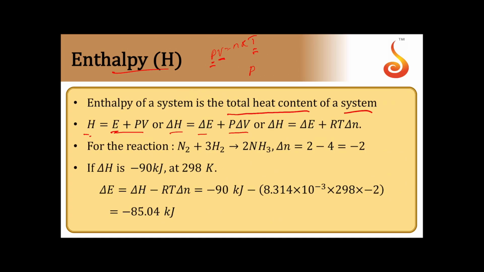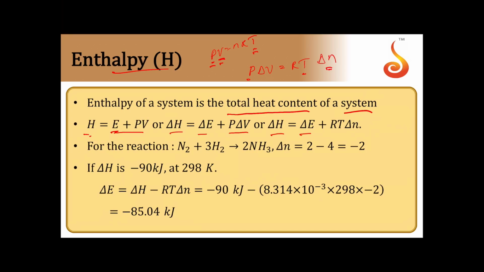Therefore, we can write P delta V is equal to RT delta n. So here P and T are kept constant, so volume is changing because of a change in the number of moles of the system.